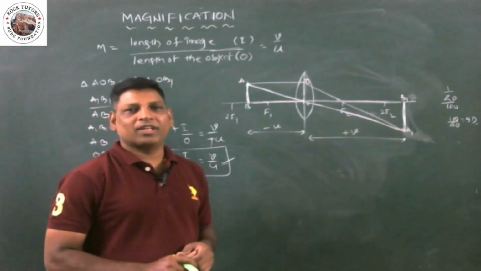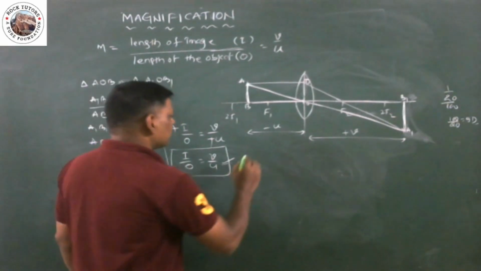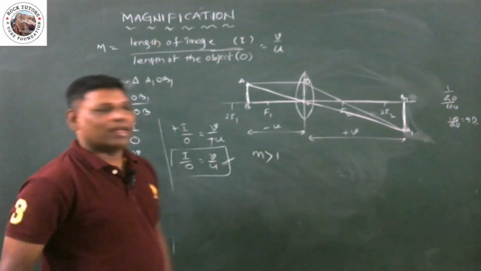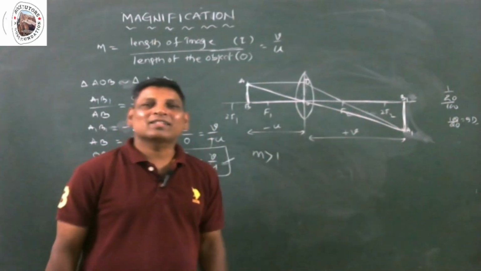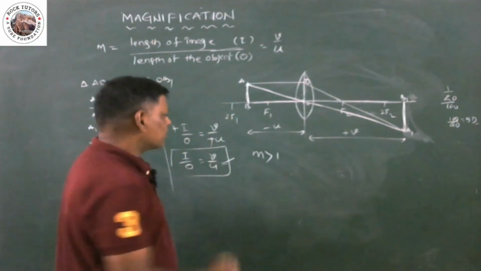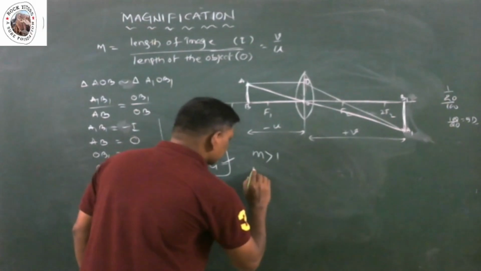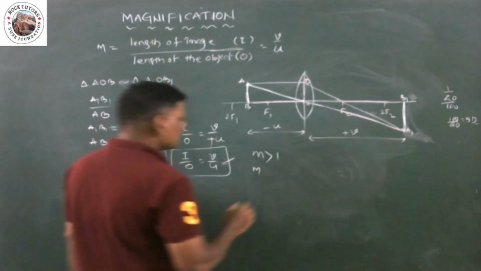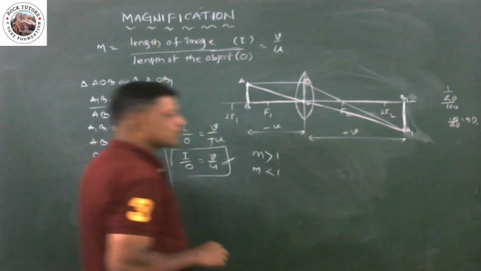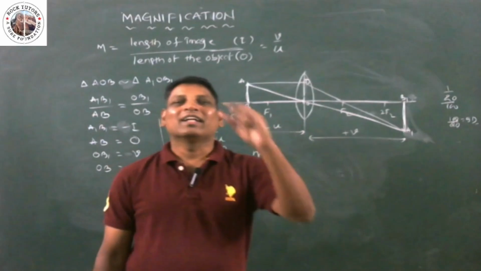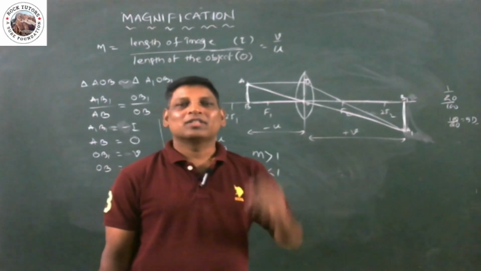If magnification M is greater than 1, then the image is a magnified image. If the magnification is less than 1, that means the image is diminished, small in size.